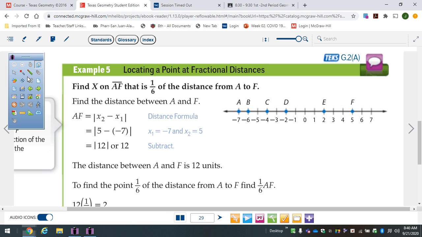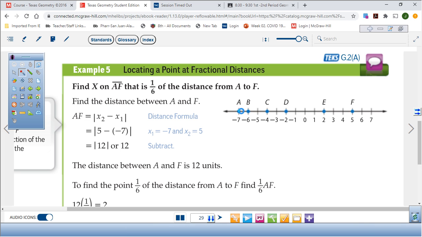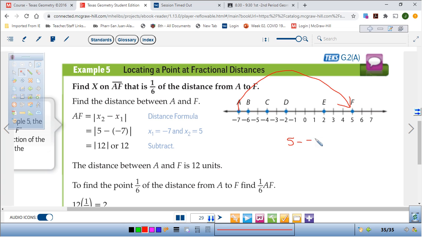So if we look at this one, from A to F, you can count it. Preferably you use the distance formula, and you go with 5, the bigger one, minus negative 7, absolute value, which gives us positive 12. So that total distance there is 12.